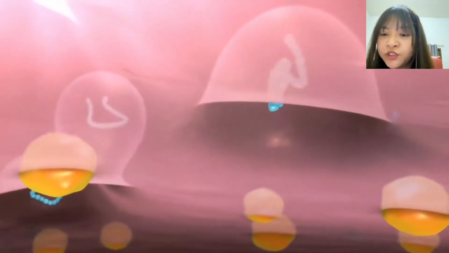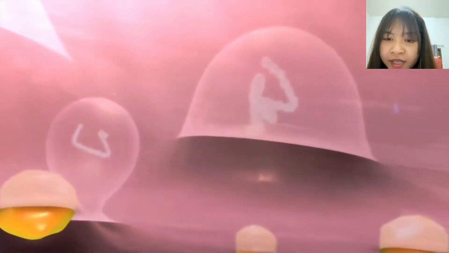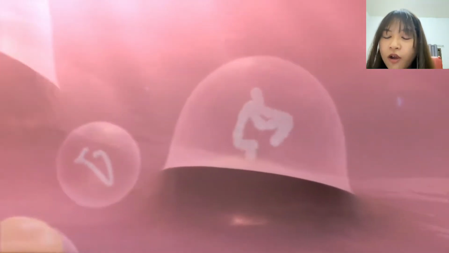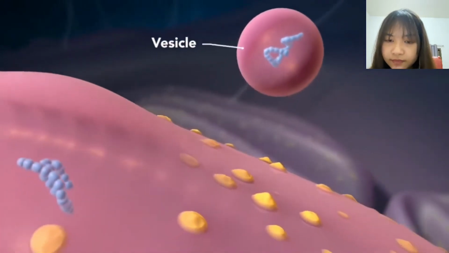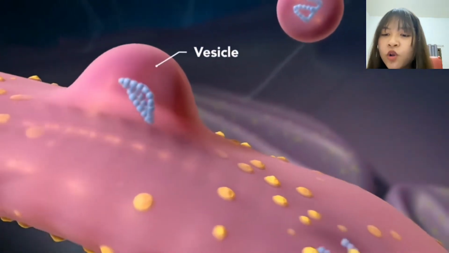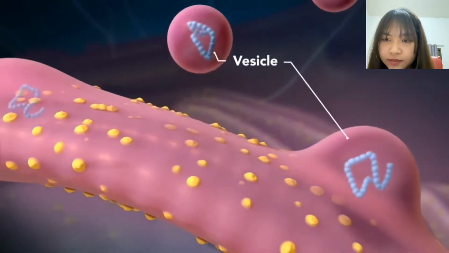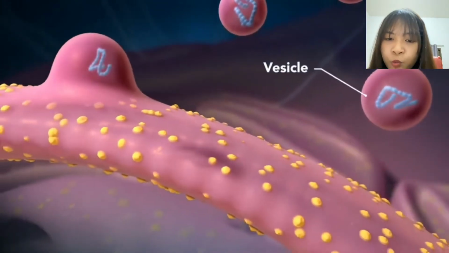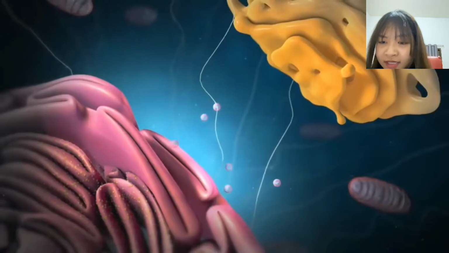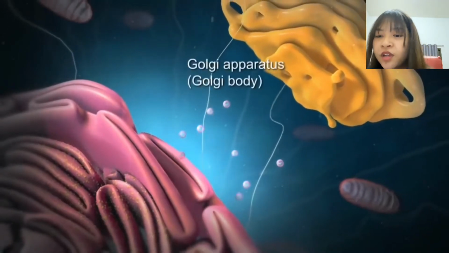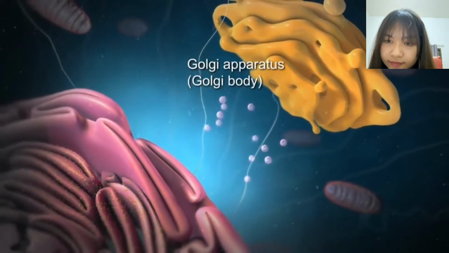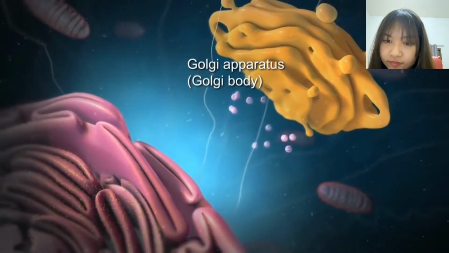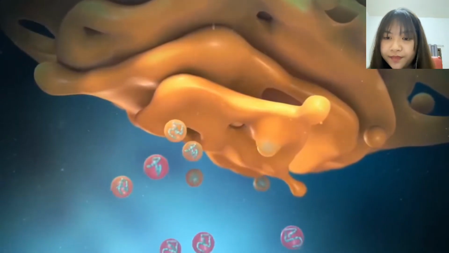Proteins and other materials emerge from the endoplasmic reticulum in small vesicles, where the Golgi apparatus, sometimes called the Golgi body, receives them.